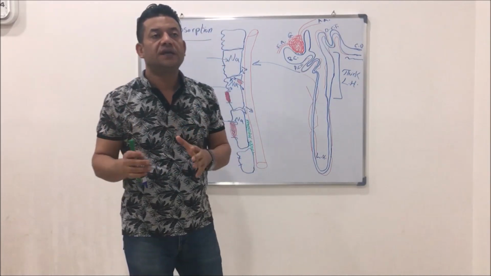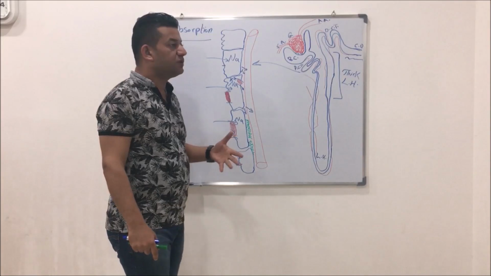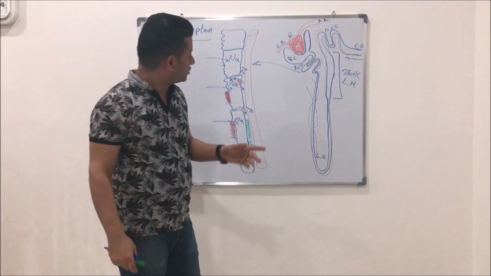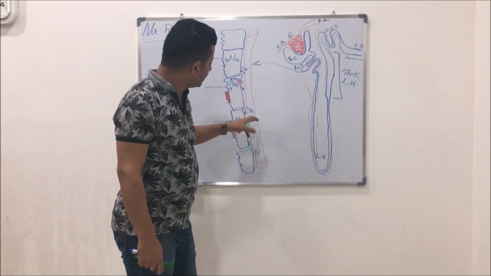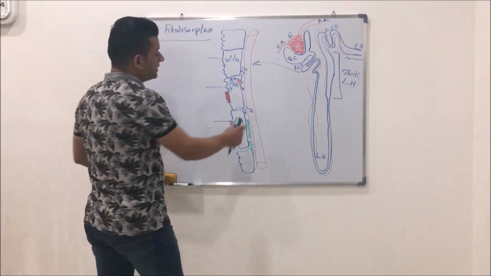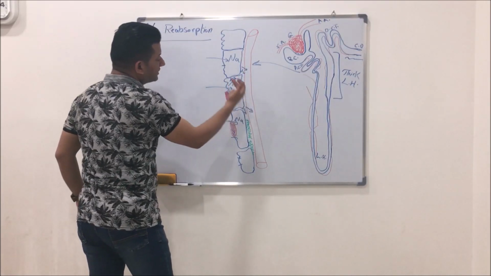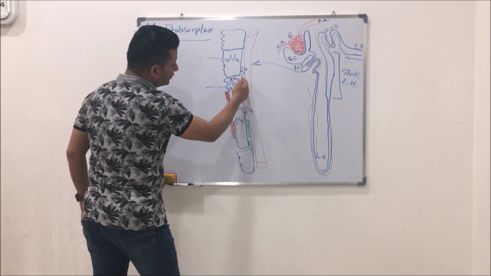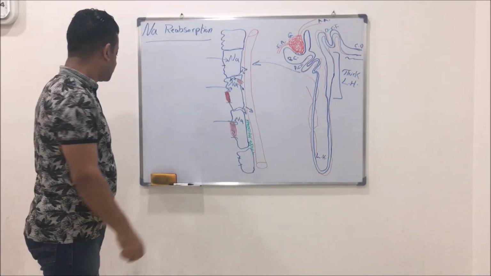In other words, the solutes increase, and this creates a high oncotic or osmotic pressure. The osmotic pressure will be increased, and hydrostatic pressure will fall in the peritubular capillaries. And this will assist reabsorption of sodium from the intercellular spaces to the peritubular capillaries.